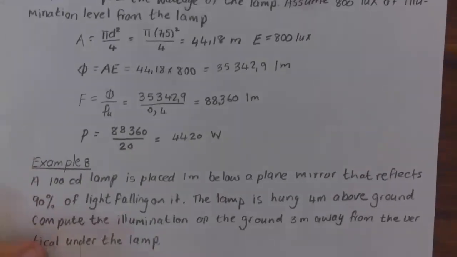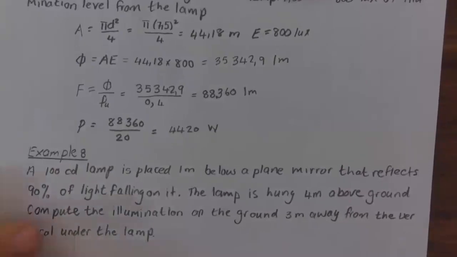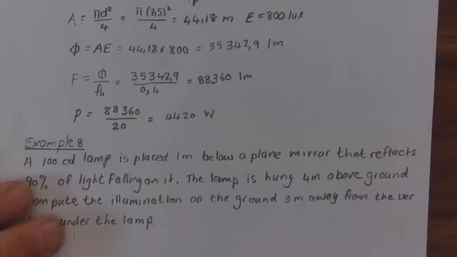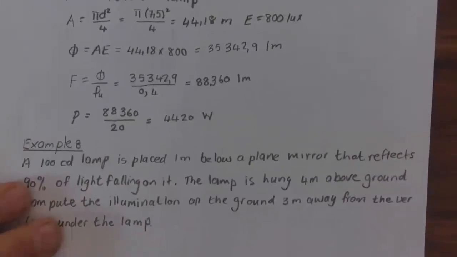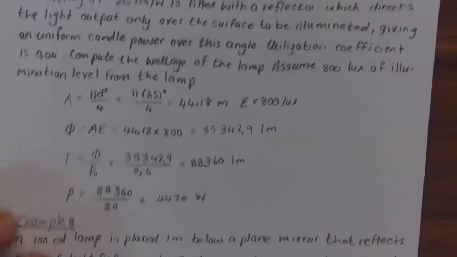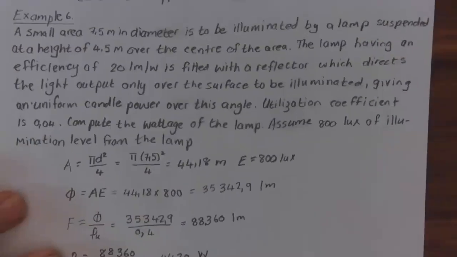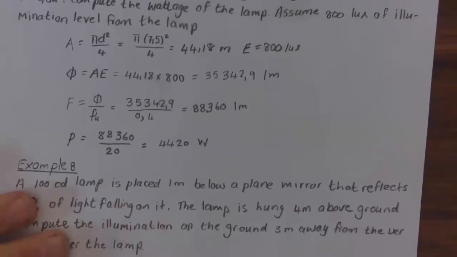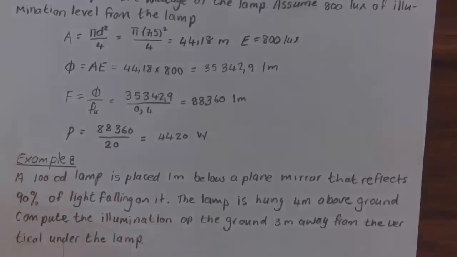And F, flux, divided by the utilization factor, gives us 88,360 lumens. And P, the power consumed, is 88,360 divided by 20, which is lumens per watt. So therefore that gives us 4,420 watts.